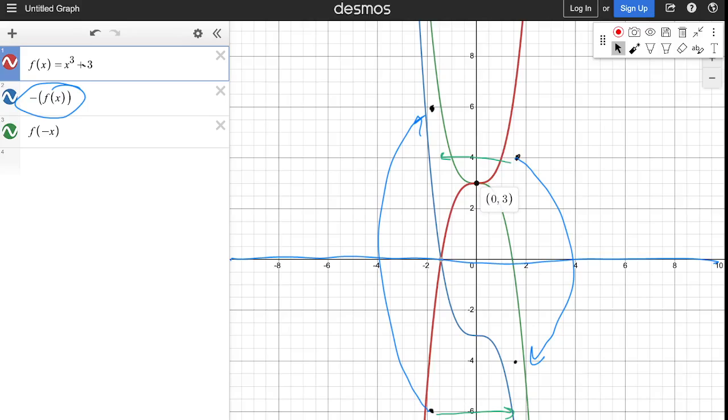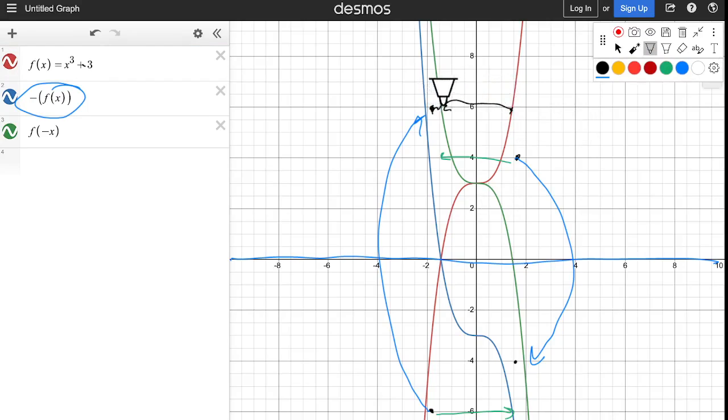However, the reflection over the y, the green one, still does move a positive x value over to a negative x value. And then when we do the reflection about the x, it's going to take what was a positive y value and make it a negative y value. So it's all still going on in here, and I encourage you to take Desmos, play around with it a little bit, and see how it all works.